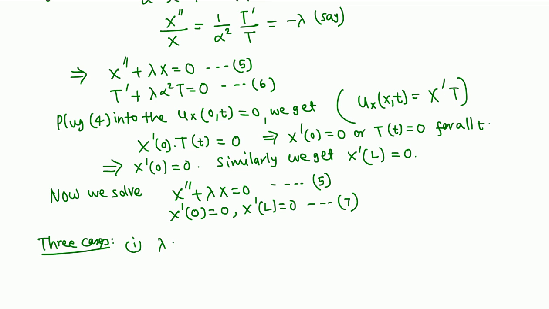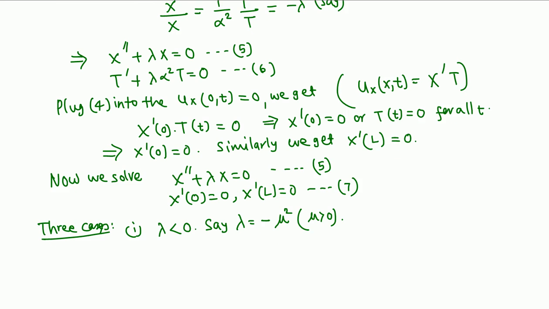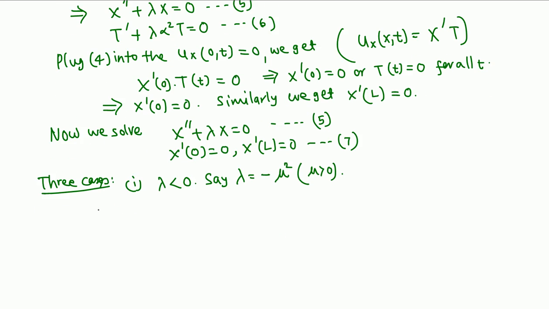Okay, let's take lambda less than 0, and we can say lambda be, let's say, negative mu square, where mu is positive, so the whole thing is negative. If we say that, then 5 becomes X double prime minus mu square X equals 0.